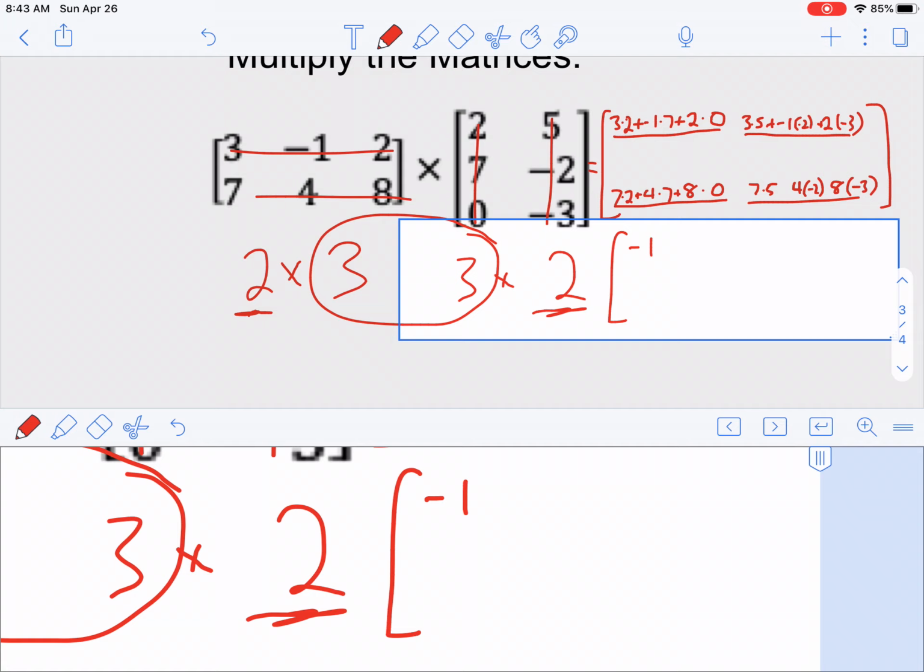The next one is 3 times 5 plus -1 times -2 plus 2 times -3, that is 11.